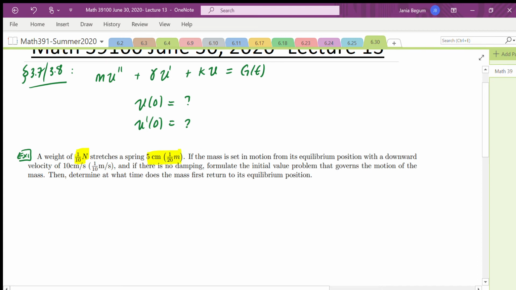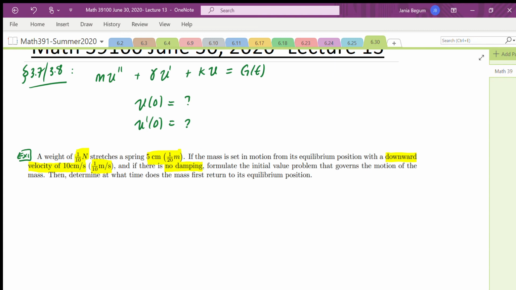If the mass is set in motion from its equilibrium position with a downward velocity of 10 centimeters per second, which converted is 1/10 meter per second, and if there is no damping, formulate the initial value problem that governs the motion of the mass, then determine at what time the mass first returns to its equilibrium position.